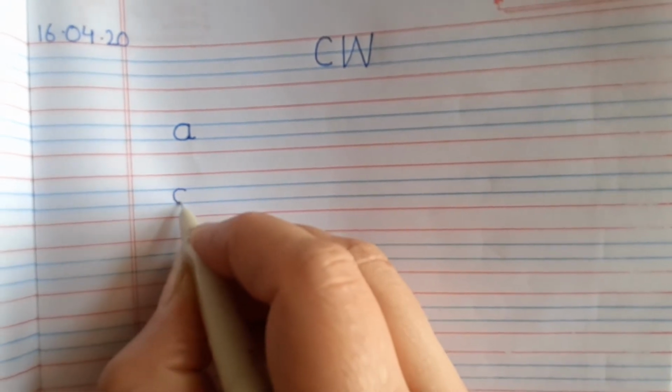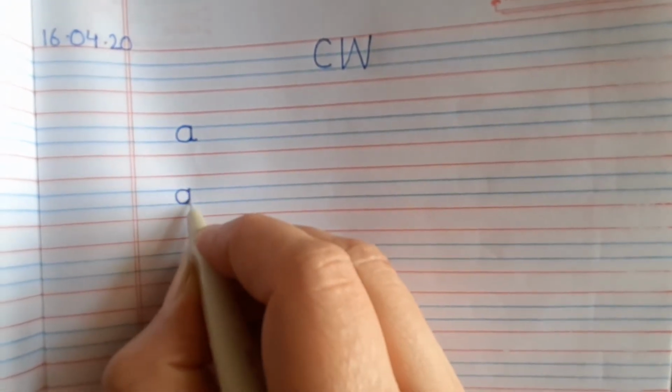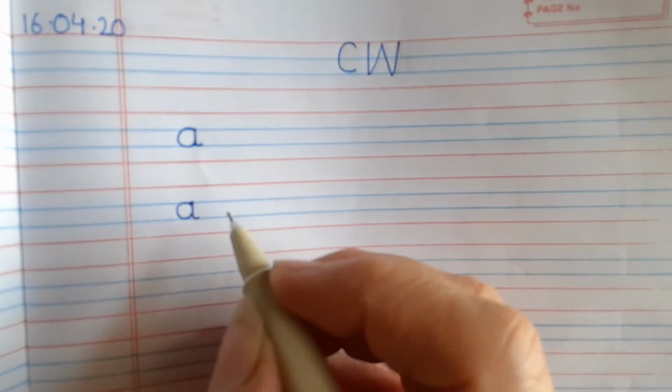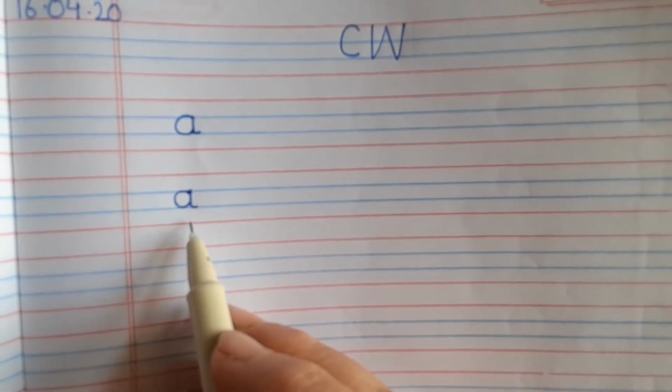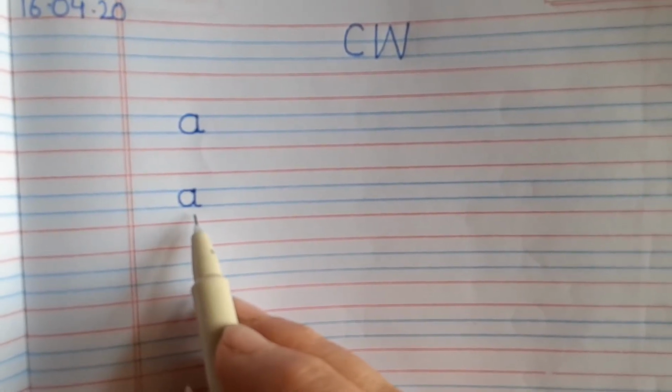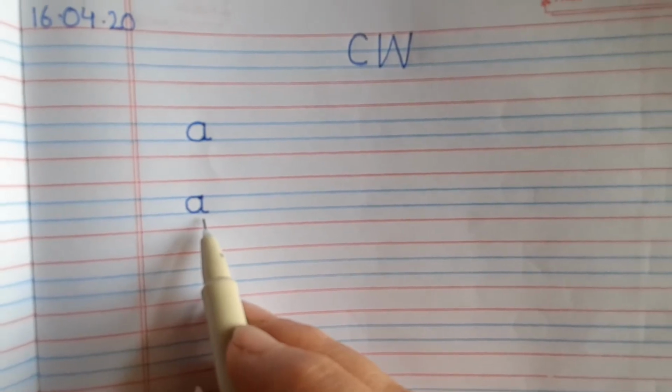Now again, you have to write A under this. Out. This is A. And the sound of A is A.